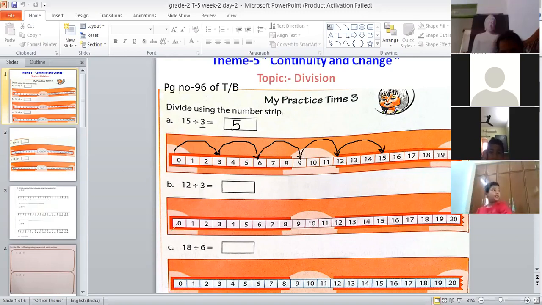So after the division symbol, what is the number, Lohit? 3. So this means we have to take steps of 3 to reach number 12.